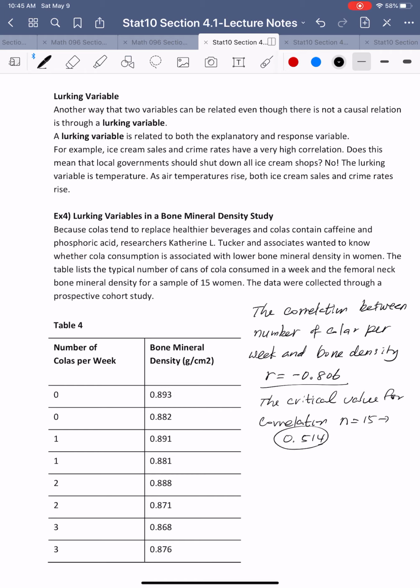Okay, so now compare, but we need to use the absolute value of r, which is 0.806, which is still greater than 0.514, but this time it is negative. So we can still say yes, it is a linear relation.